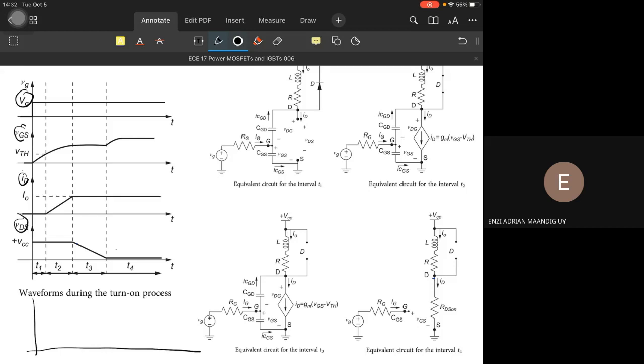So, this is fully on, T4 I mean. Sa T4, fully on si ID, fully off si VDS. So, 0 ang power consumption diha. 1 times 0 is 0.